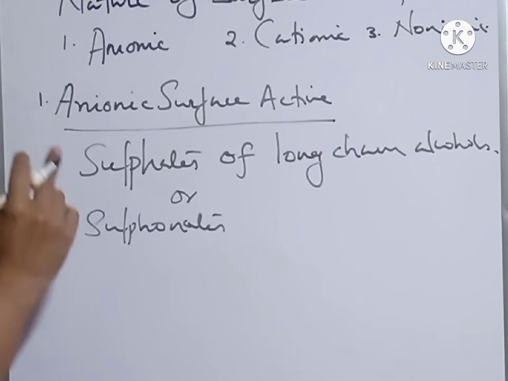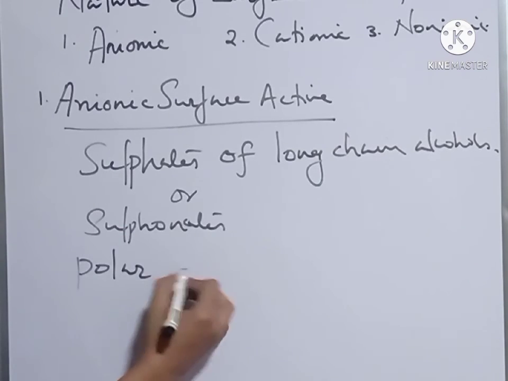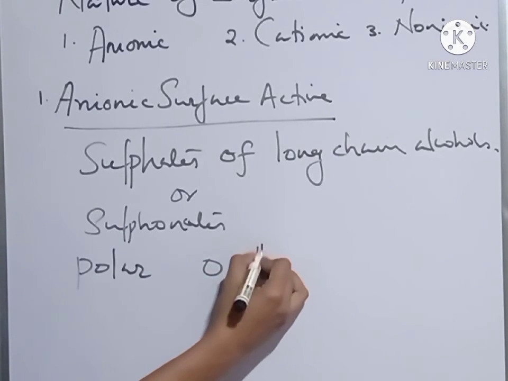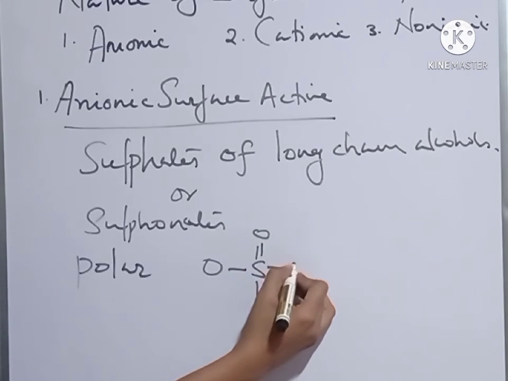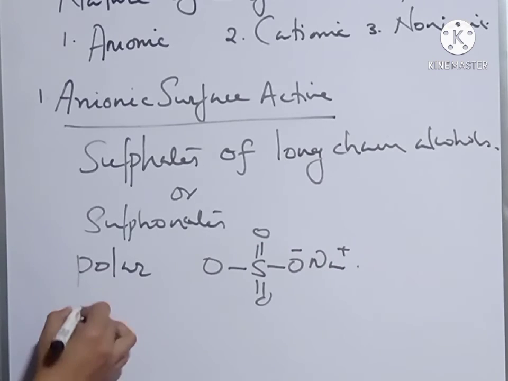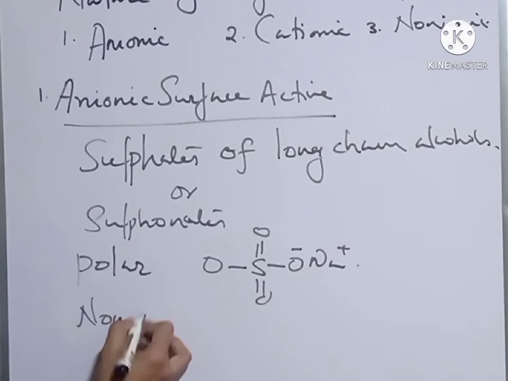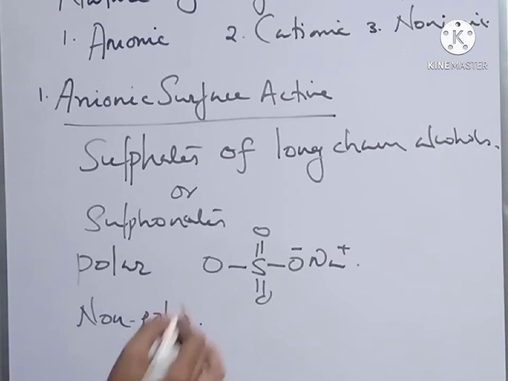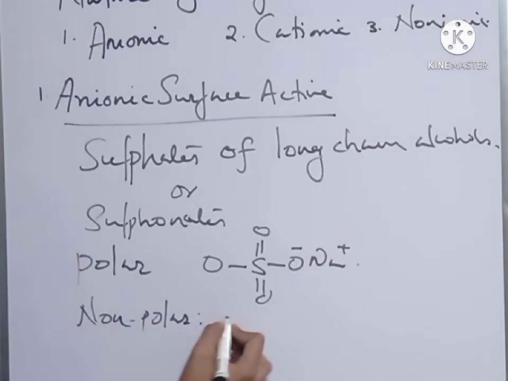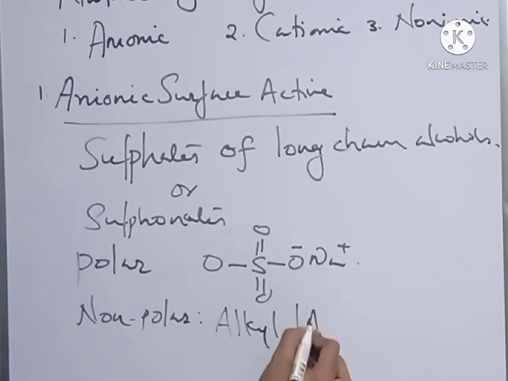Here in these synthets, the polar part is OSO3Na, that is OSO3 minus Na plus. And the non-polar part may be long hydrocarbon chains, that is, an alkyl group or aryl group.